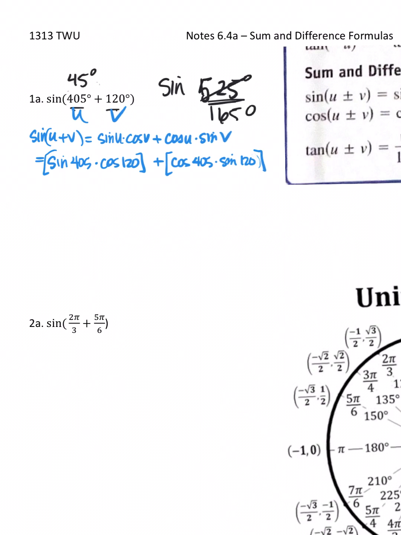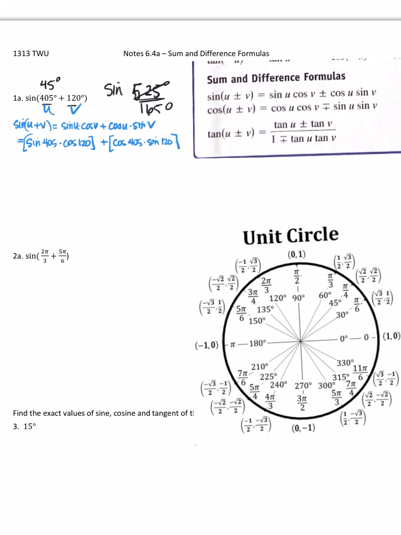Now, you're going to want your unit circles or a really good memory to be able to pull these values, right? So sine of 405 is the same as the sine of a 45 degree angle. So if I choose that 45 degree angle right over here, what is the sine? It's square root of 2 over 2. Times the cosine of 120.